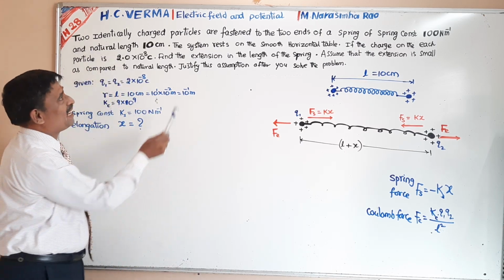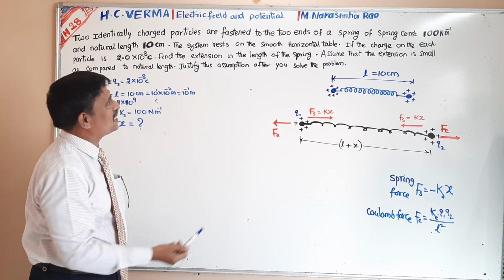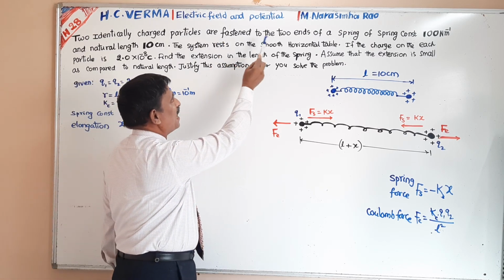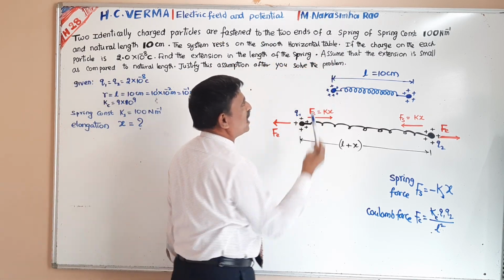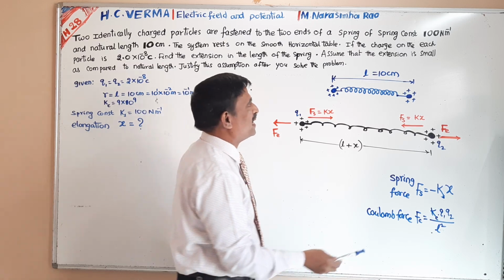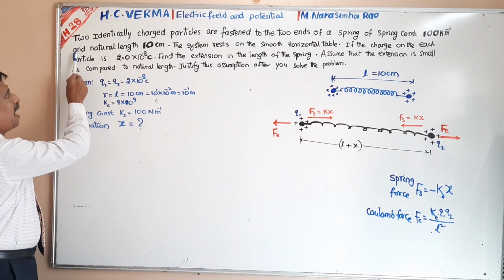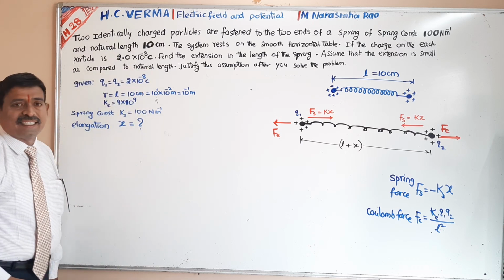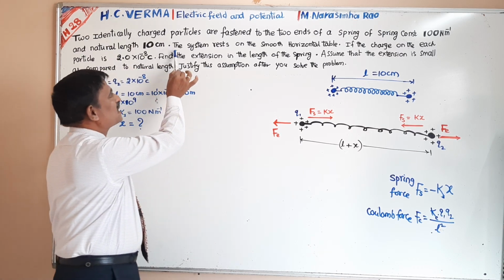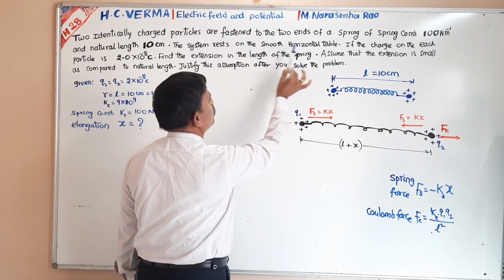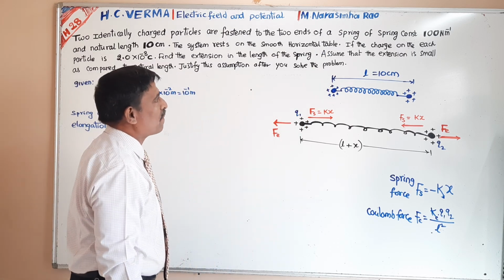Two identical charged particles are fastened to the two ends of a spring of spring constant 100 newton per meter and natural length 10 centimeter. The system rests on a smooth horizontal table.